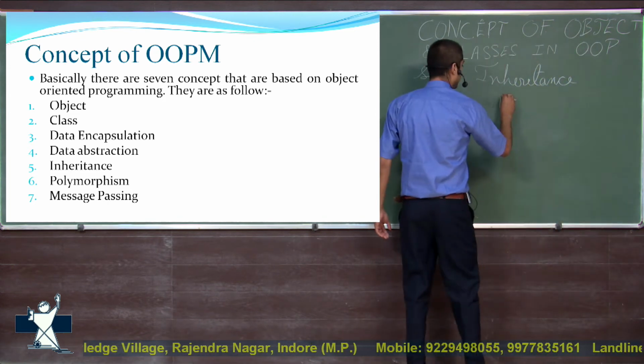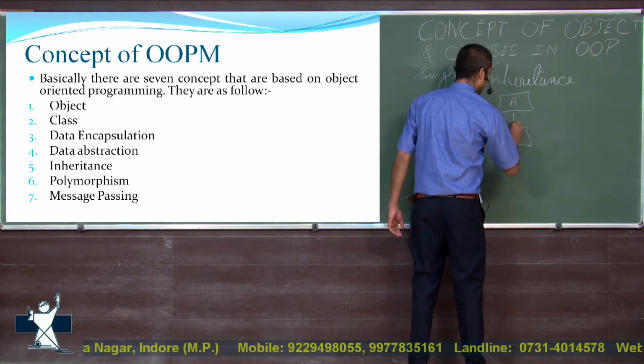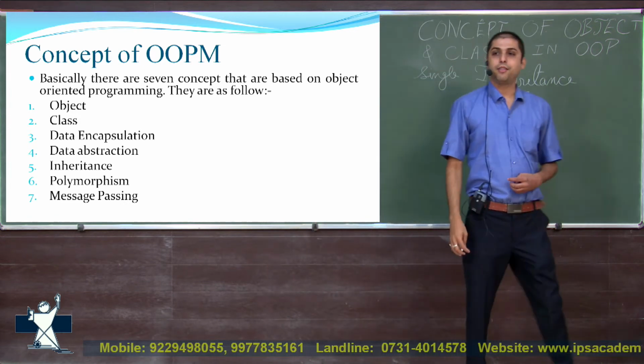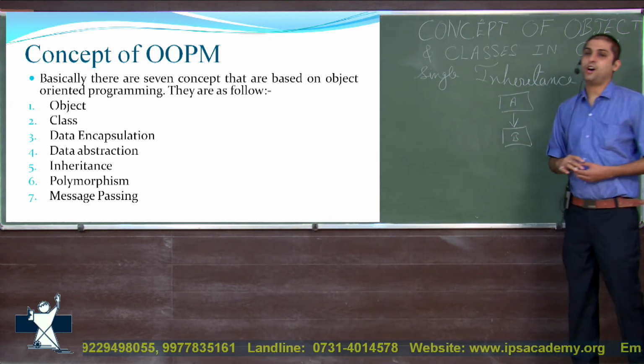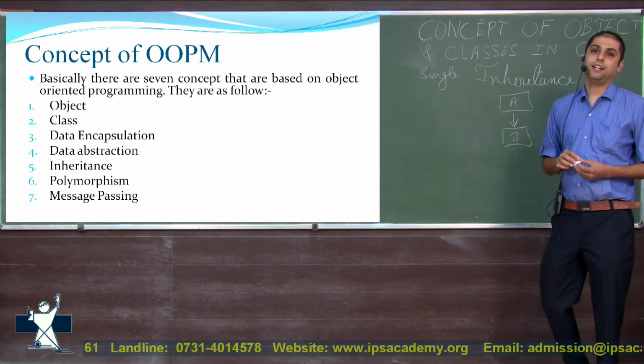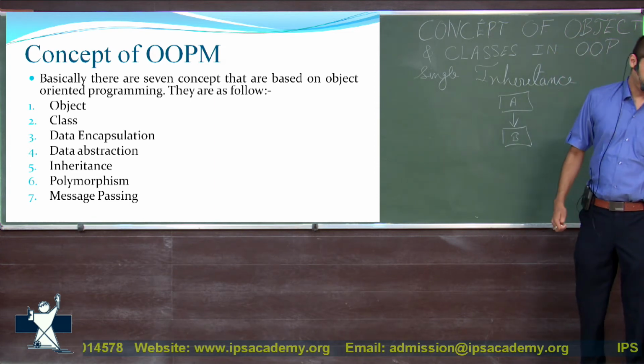If there are two classes, class A and class B, in which class B is using the function of class A, then it is known as single inheritance. Means there is only a single inherited class.